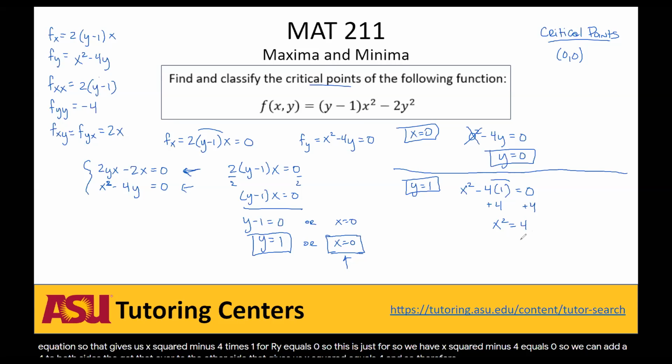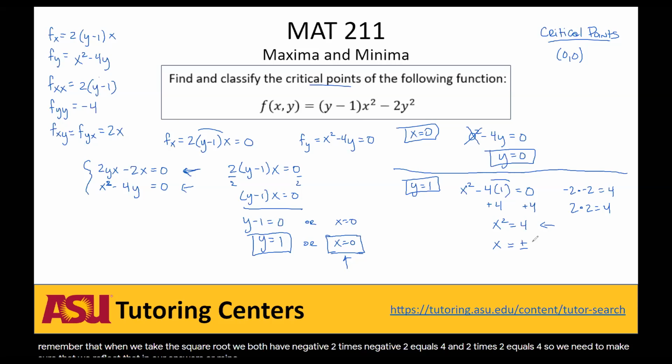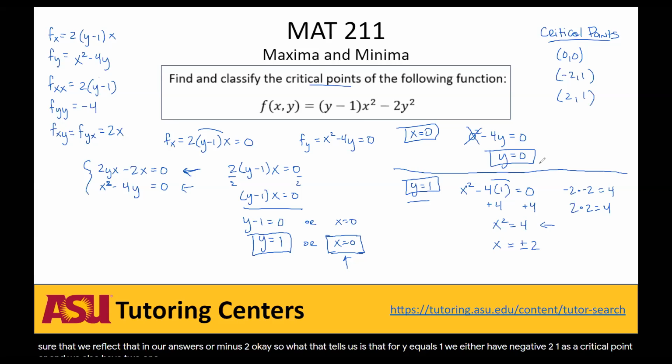And so therefore, if we take the square root of this, remember that we both have -2 times -2 equals 4, and 2 times 2 equals 4. So we need to make sure that we reflect that in our answer. So we have x equals plus or minus 2. What that tells us is that for y equals 1, we either have -2, 1 as a critical point, and we also have 2, 1 as a critical point. So either value of x here, plus or minus 2, is paired with y equals 1.